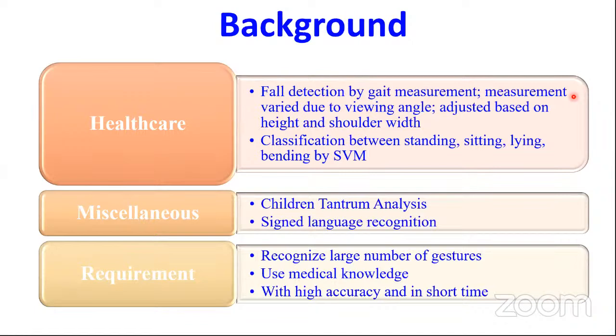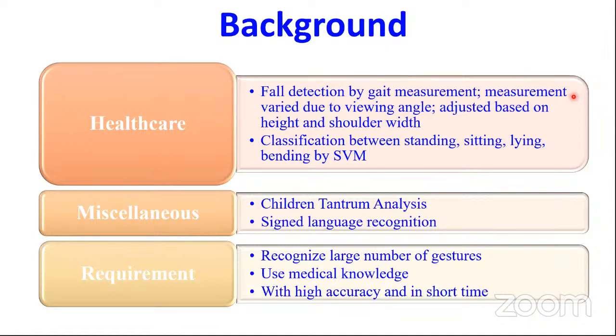So what is fall detection? Suppose an elderly person is at home and does not have anyone to attend to them and they suddenly fall. Fall detection can be done by camera or different motion sensor devices, and then alarms can be generated to the nearby hospital. Then the hospital can come and take care of that ill person.